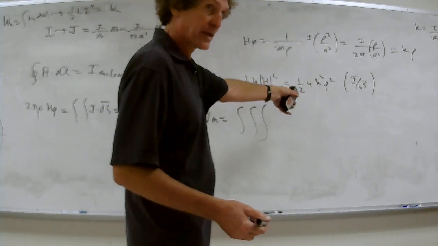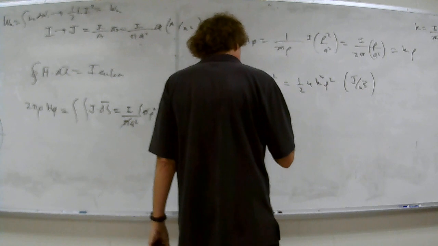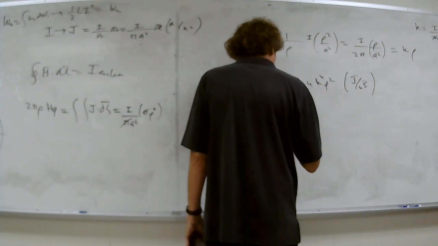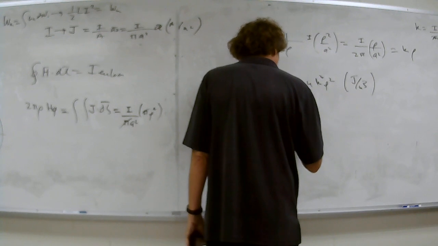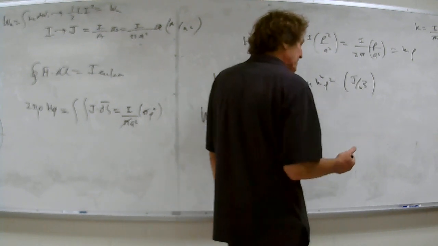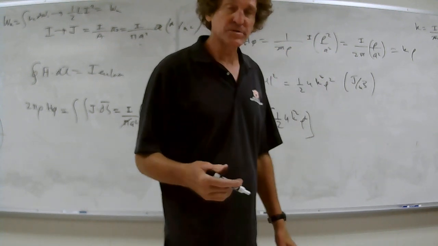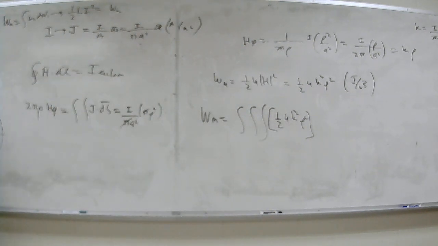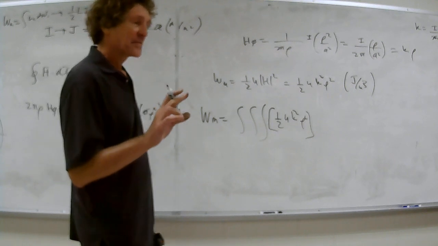So this is the energy density, which is going to be 1/2 mu k squared rho squared, and I have to integrate that over the volume. What's the differential volume in cylindrical coordinates? Think about it.